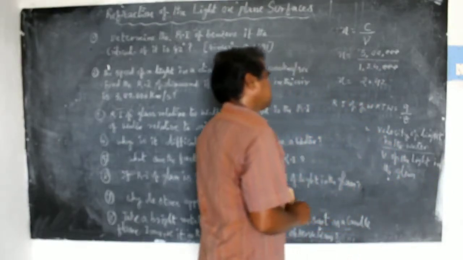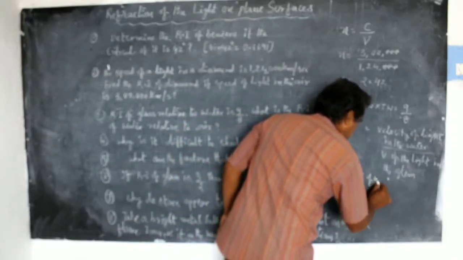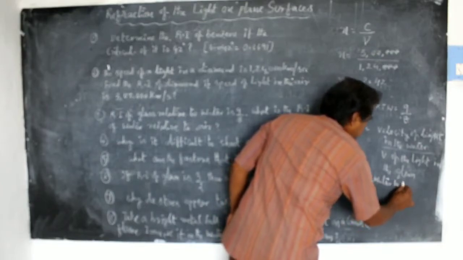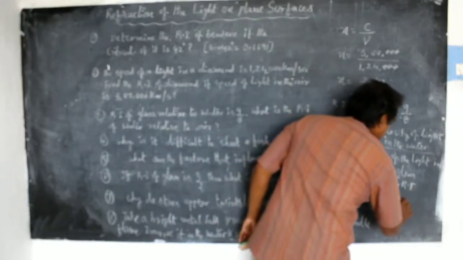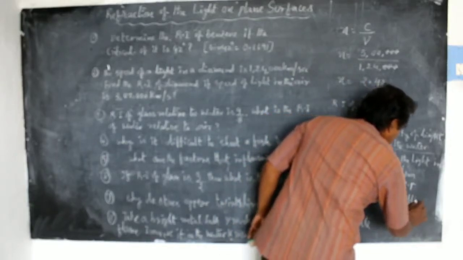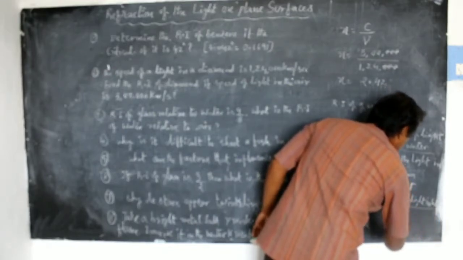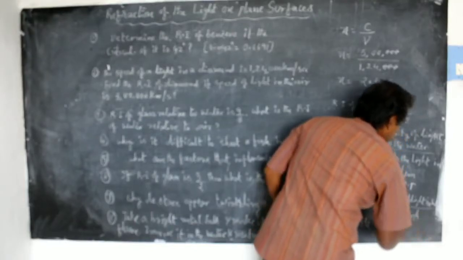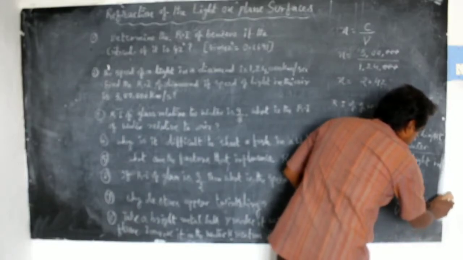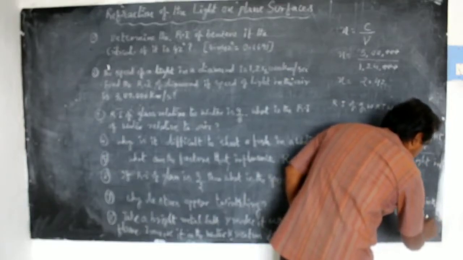What do we have to find? The refractive index of the water with respect to glass is equal to the velocity of light in the glass divided by the velocity of light in the water.